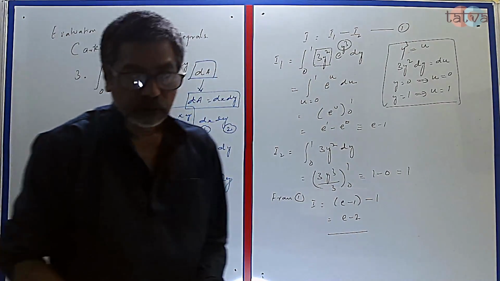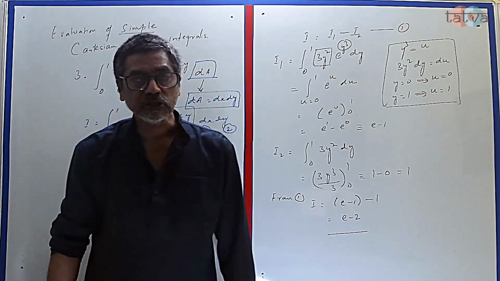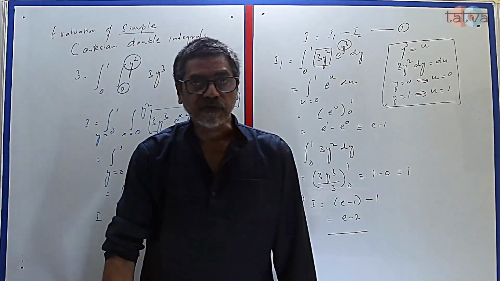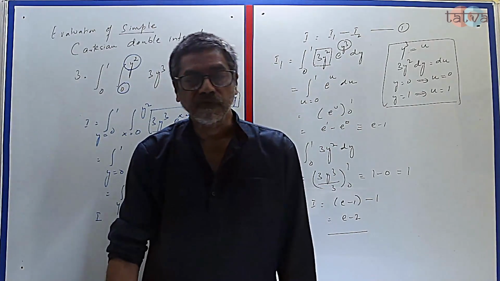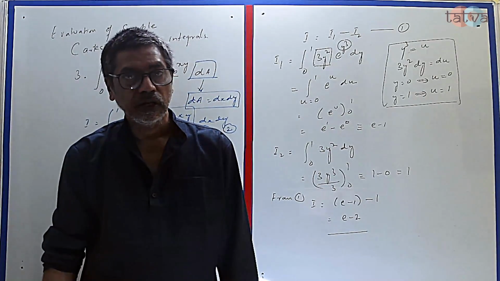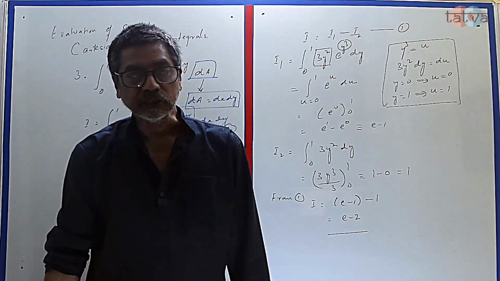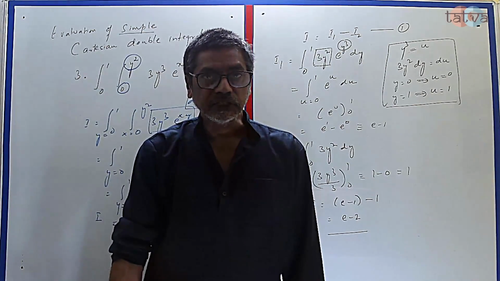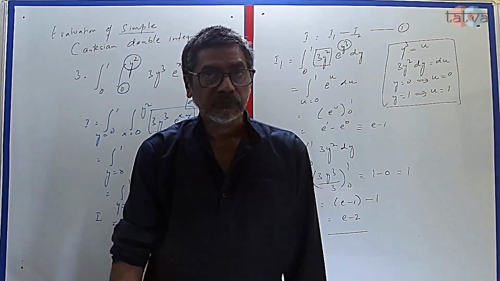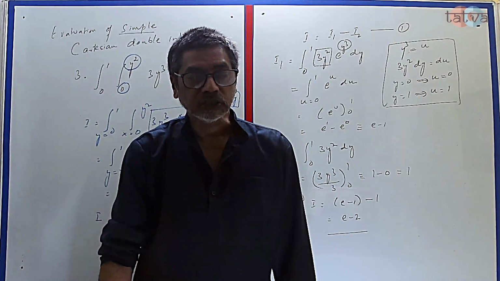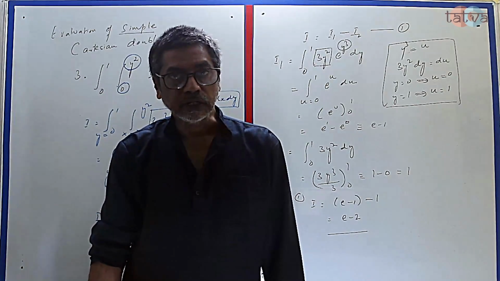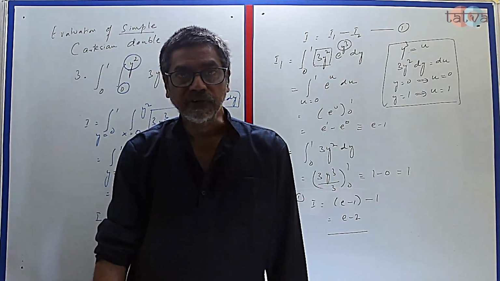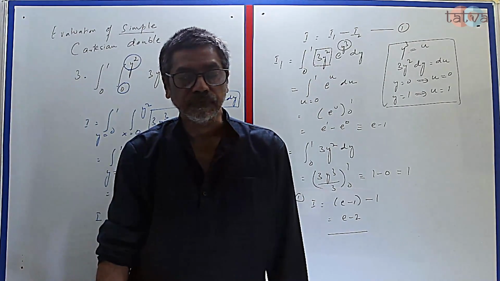So we have learned a little bit from these last two examples. When the inner limits are functions of y, the order of integration is dx dy. And the previous example taught us when the inner limits are functions of x, the order of integration is dy dx. Of course, when the limits are constants on both the integrals, you have to respect the order of integration that is given in the problem.